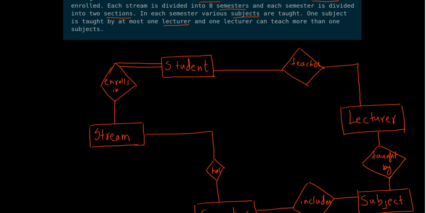This relationship here, stream to student, this is one to many, so let me write one and n here, because in a particular stream there are obviously many students, but one student cannot enroll into more than one stream.